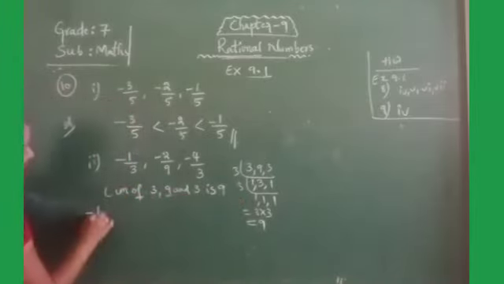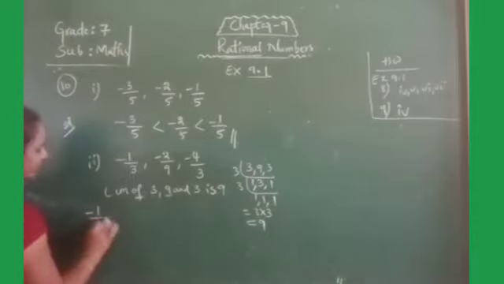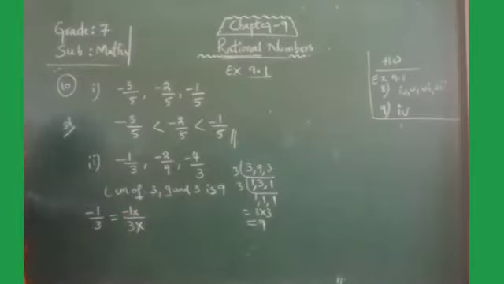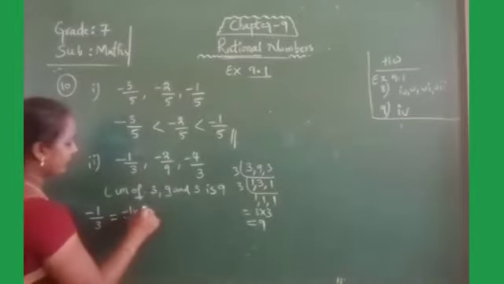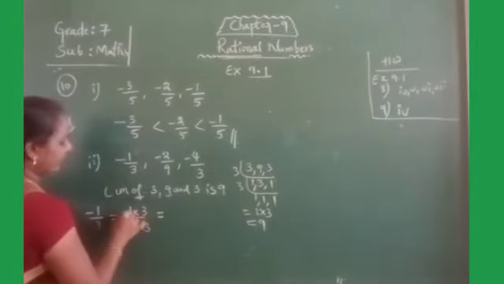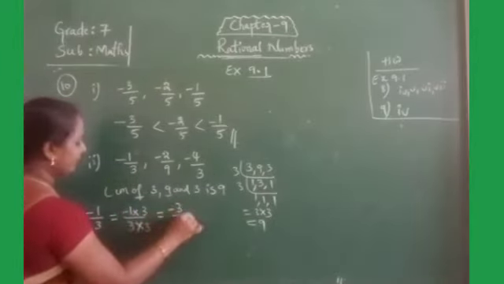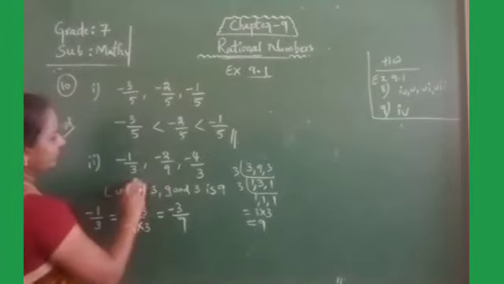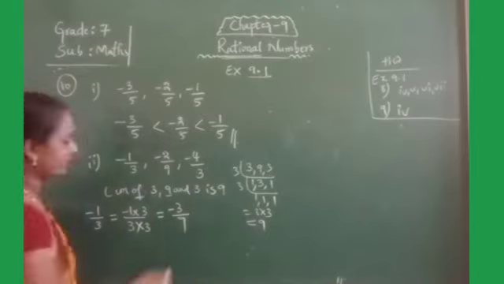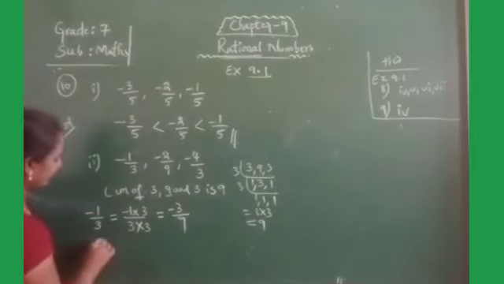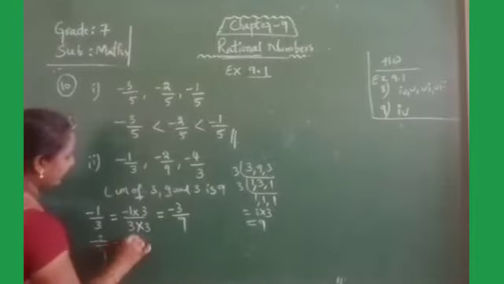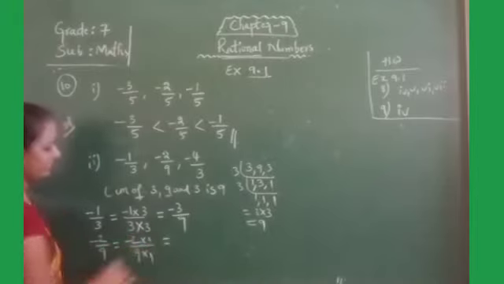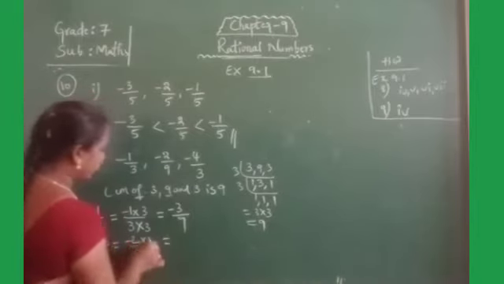Now we have to write the equivalent rational number of minus 1 by 3. You have to multiply the numerator and denominator by 3. That is 1 into 3, minus 3, by 3 threes are 9. We have to show all the rational numbers having the same denominator, that is 9. Next rational number, minus 2 by 9. Minus 2 by 9 already has the denominator 9, so you just multiply the numerator and denominator by 1.